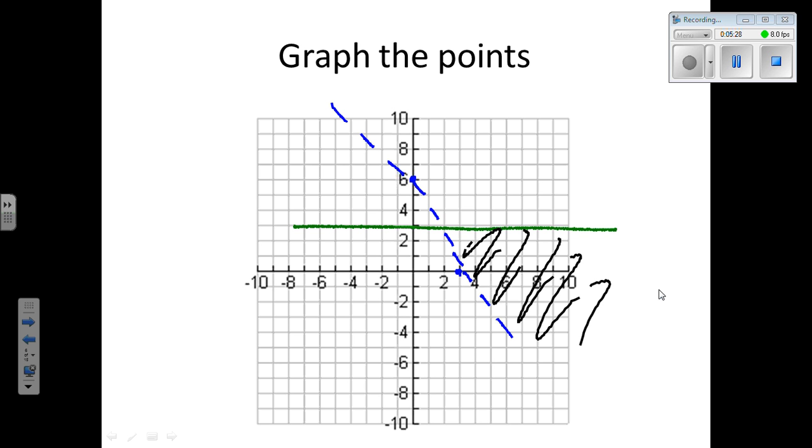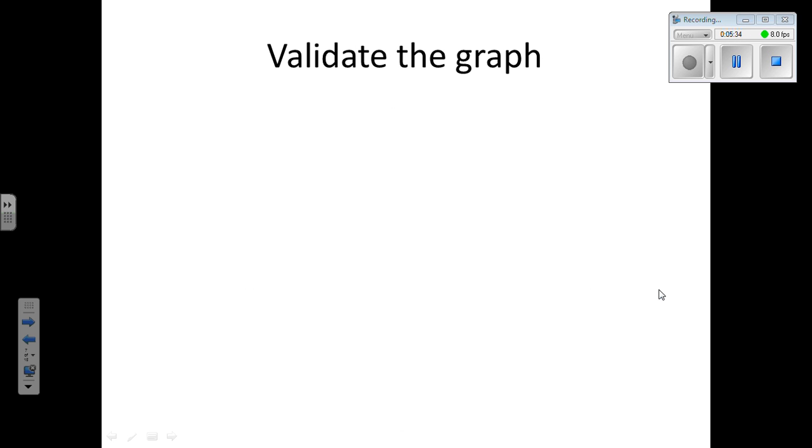So let's validate to see if my solution set is valid or not. To validate the graph, I want to pick 2 points that are in the solution set.